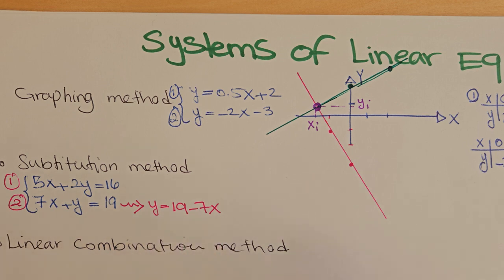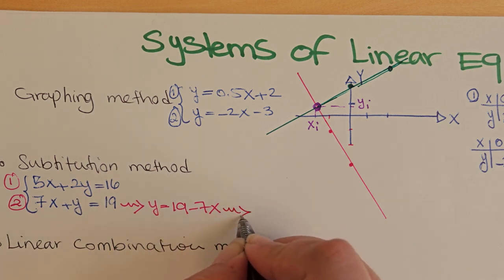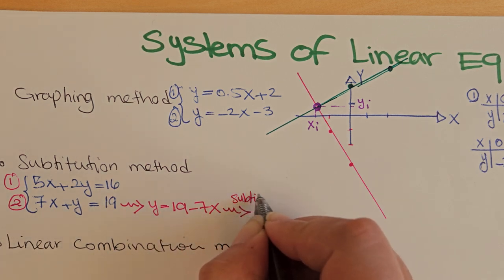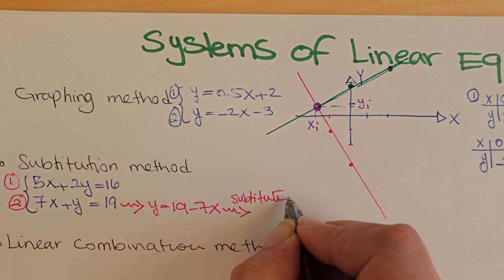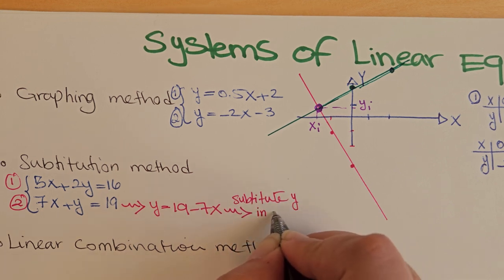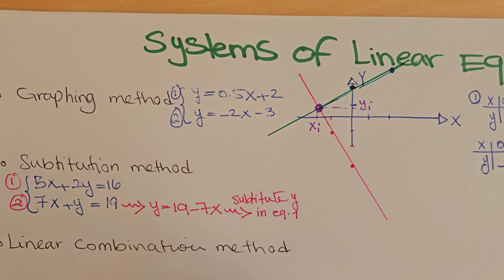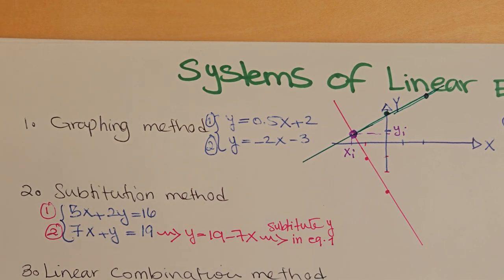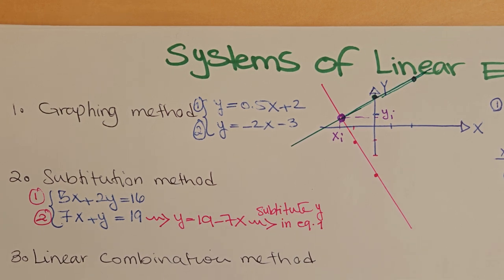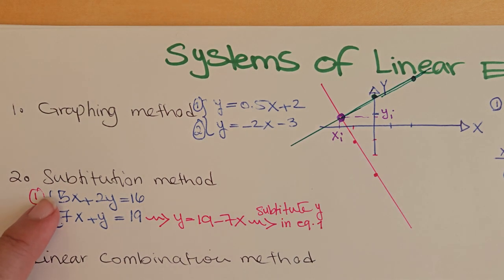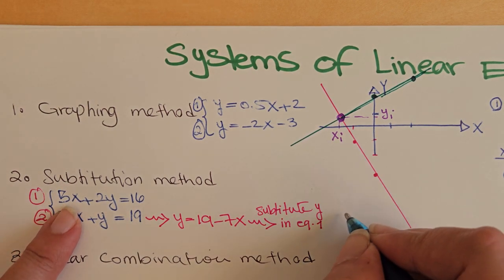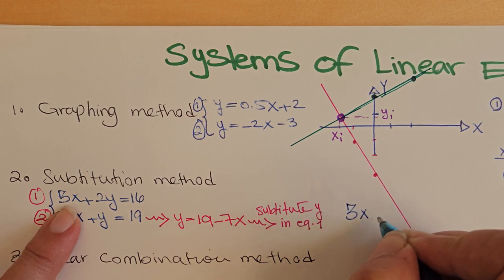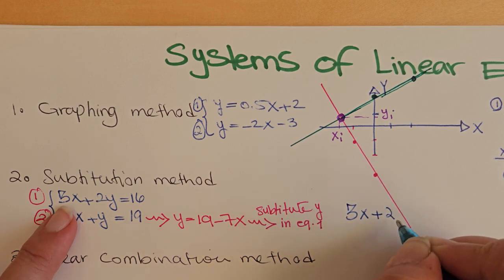Now what I'll do, I just substitute y in equation number 1. Okay, and let's see what happens. So I have 3 times x plus 2 times y.